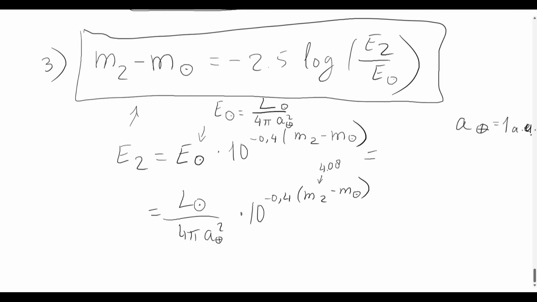equals 4.08, and the observed magnitude of the sun at this point would be minus 26.72. Okay, let's write it this way then.